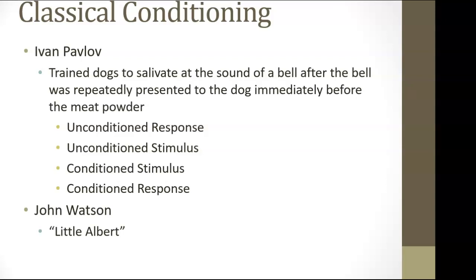The loud noise, when paired with the rat, led to a fear response, which is the natural response. Then we had the conditioned response, which is Albert's fear of the rat.